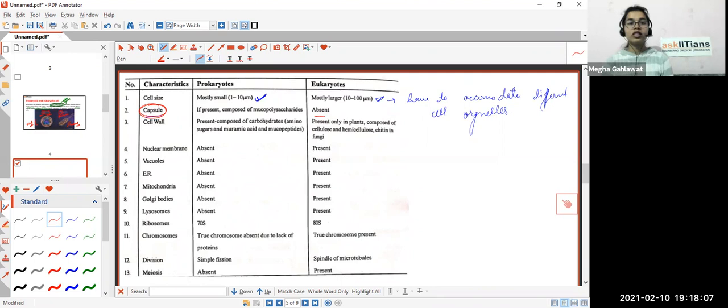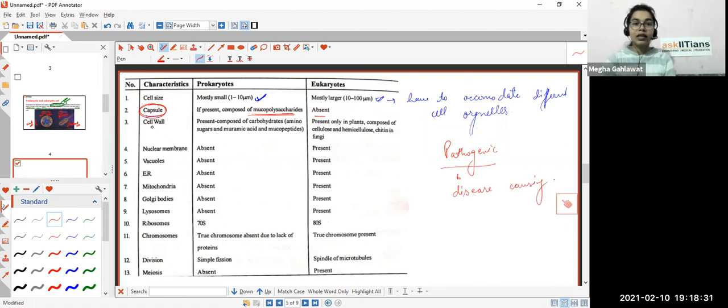It is made up of a chemical called mucopolysaccharides, a kind of carbohydrate. Now, the bacteria which have the capsule are pathogenic. When I say pathogenic, that means they are more than capable of causing disease to the person wherever or whoever they are present in.